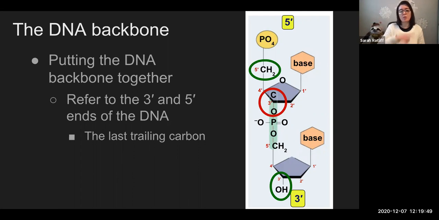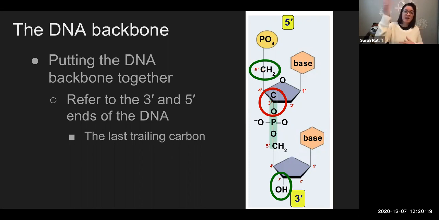Then going clockwise, we're going to go to the second carbon, so 2' and 3'. In this example, the 3' carbon is on the bottom. That means the 3' end of the DNA is on the bottom. Continuing around our sugar here, we go to 4', and sticking up to the top is the 5' carbon, our last carbon here.